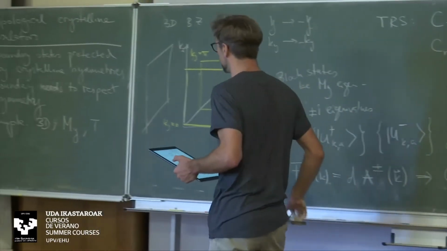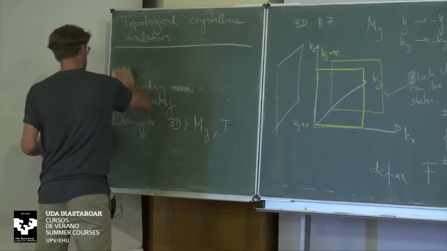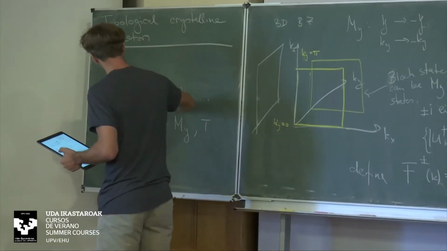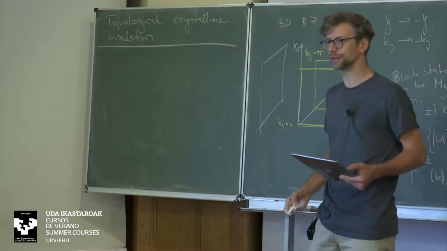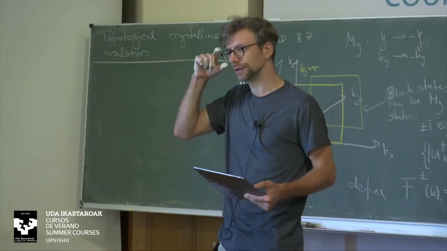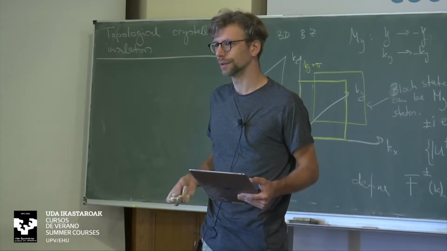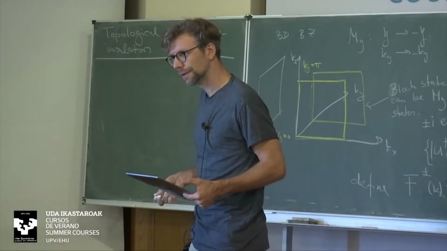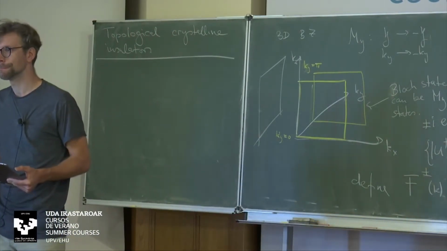You mean the topological invariant on the whole, no? It depends. Of course you only need to know the states on this subset of the Brillouin zone, but after all, it's a topological invariant for the full 3D system. Yeah, but maybe something in the non-M_y symmetric planes can mess with this invariant, right?